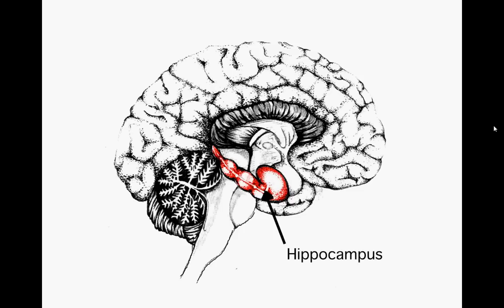Amnesia is a memory loss, and it's most commonly due to damage to the hippocampus, and it produces a powerful kind of amnesia. People with hippocampus damage, there's a very famous patient, and he goes by the initials HM. He had his hippocampus and surrounding brain tissue removed from both hemispheres in 1953 to treat a severe epilepsy.